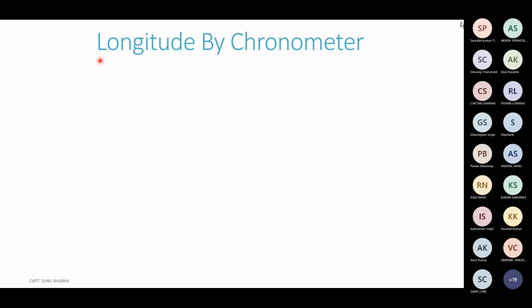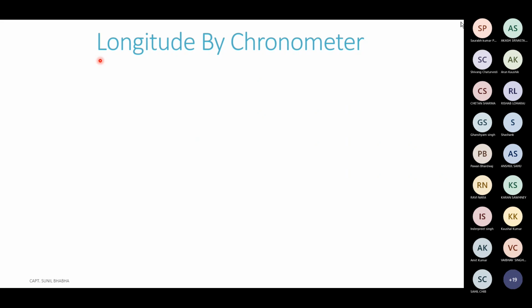Taking the example of the sun, you see the sun rises on the eastern horizon in the morning. Then it crosses the meridian around noon time, meridian passage time. It crosses over to the western side of the observer, and then eventually at evening time it sets on the western horizon. So during the entire day the sun crosses the observer's meridian only at one particular time, and we can use the meridian passage method only at that instant.